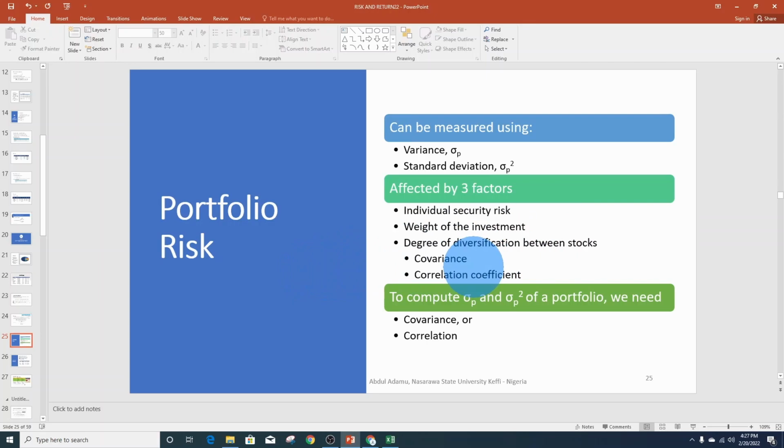So it means they co-move in opposite direction. This co-movement, which is the measure of diversification, is measured using covariance or correlation coefficient. So before we will be able to compute the risk of a portfolio, we need to compute the covariance, how the stocks in the portfolio co-move together, by either finding the covariance or the correlation coefficient.